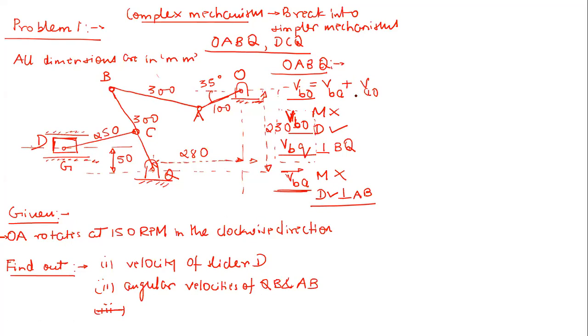Now see, let's go back to this VAO. Is it known in magnitude? Yes, sir. Correct? So what will be the magnitude of this? Can you give me the formula?